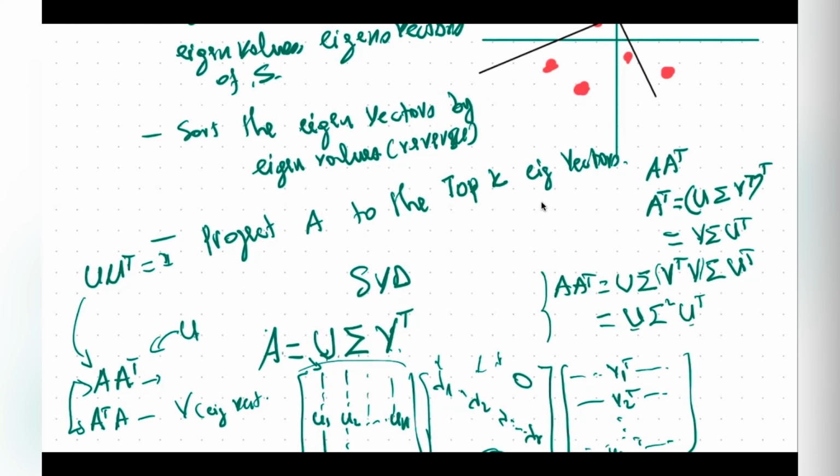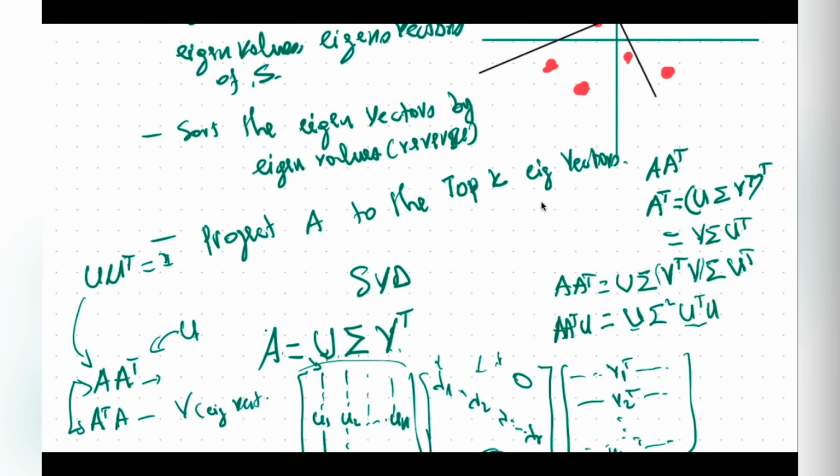Okay, and you end up saying that, for instance, if you add U to the left and U to the right, basically what will you get? If you add U transpose on the left, A A transpose, and then you add U on the right, right?